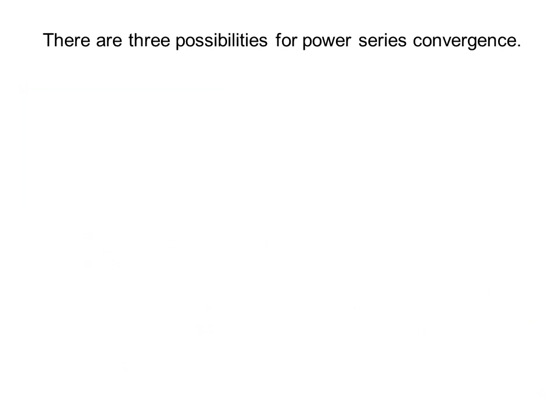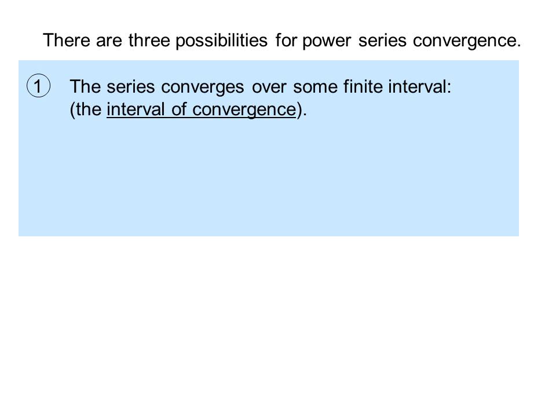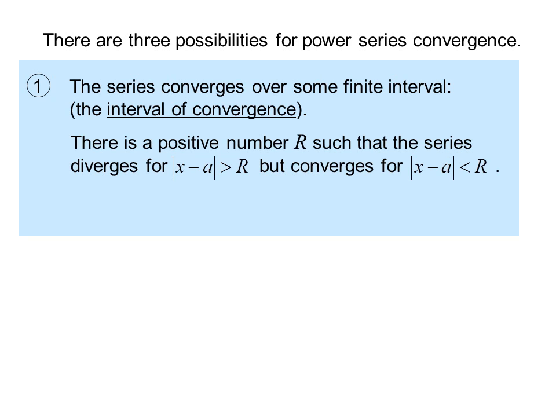There are three possibilities for power series convergence. 1. The series converges over some finite interval, the interval of convergence. There's a positive number r such that the series diverges for the absolute value of x minus a greater than r, but converges for the absolute value of x minus a less than r.